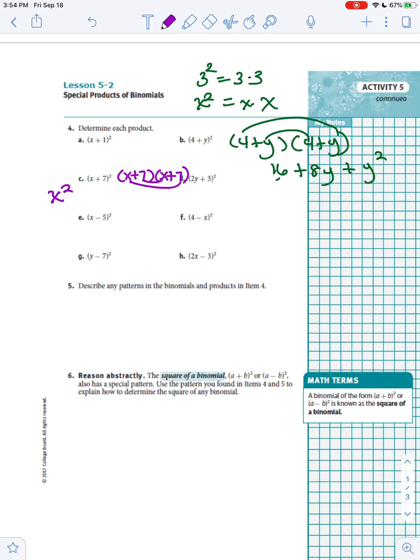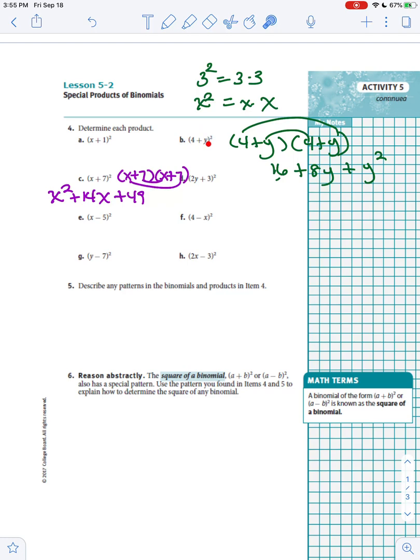Again, your outers and your inners are identical, 7x plus 7x, 14x. And then your last times your last is 49. So I see the first term squared, x, gave me x squared. The 7, the last term squared, gave me 49. But the middle came from where? Over here again, the middle came from where?